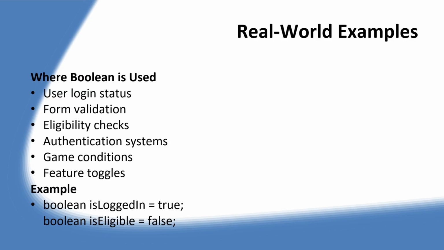Some examples include user authentication, online payments, access permissions, login status, form validation, game development, feature toggles, and many more. So, whenever a condition needs to be checked, Boolean values are commonly used.